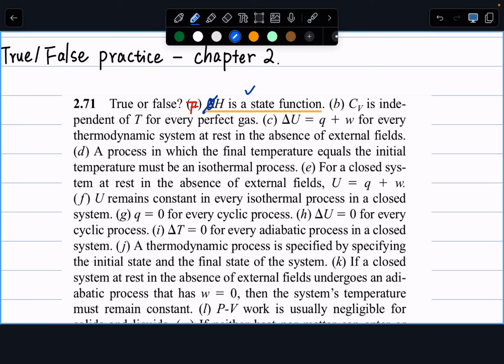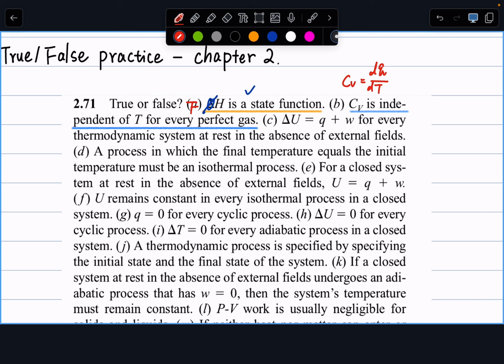Next question: CV is independent of temperature for every ideal gas. This one is not true, since ideal gas only tells us that we have CV equals dQV over dT.